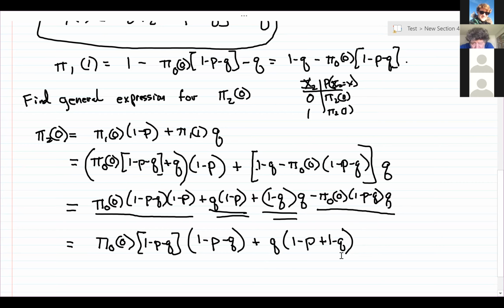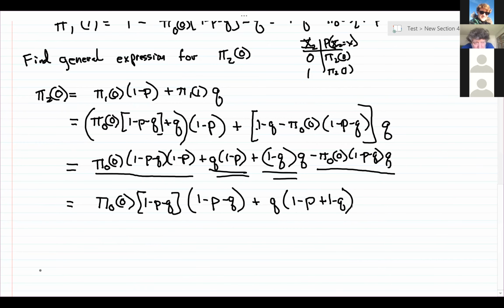Okay, so now if we do all that, we have something that looks like what? Pi 0, 0, and let's simplify this to be 1 minus p minus q squared. And this thing here looks like q, and what's inside? Well, I guess it would be 2 minus p minus q.